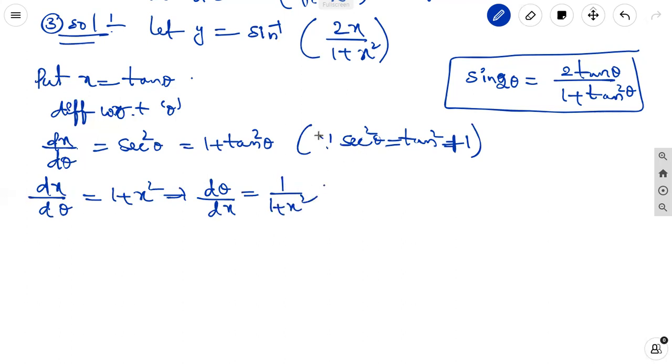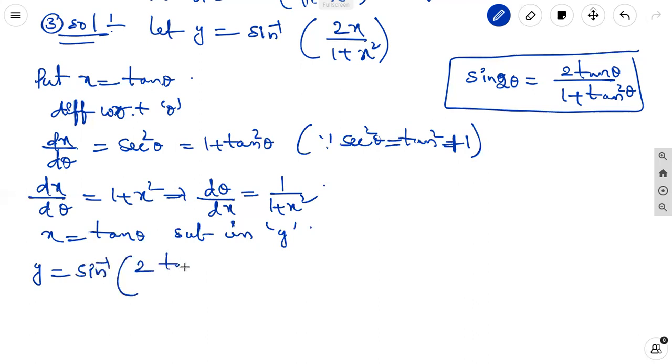And x equal to tan theta, substitute in y. So y equal to sine inverse of 2 tan theta by 1 plus tan square theta.